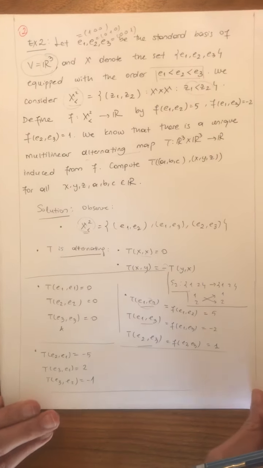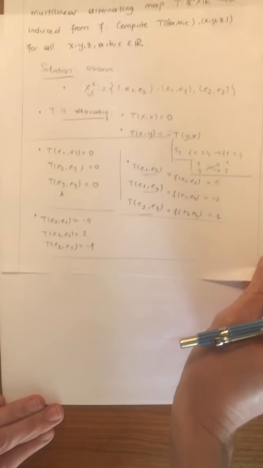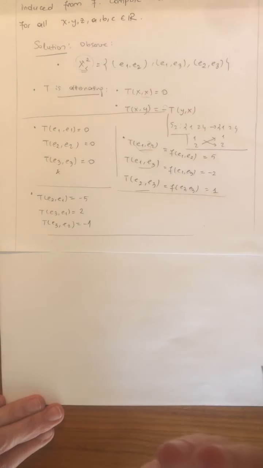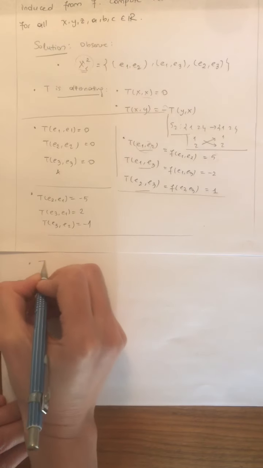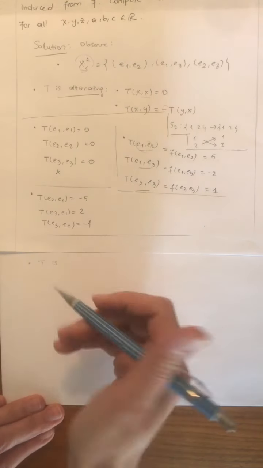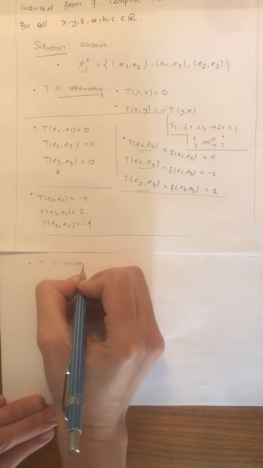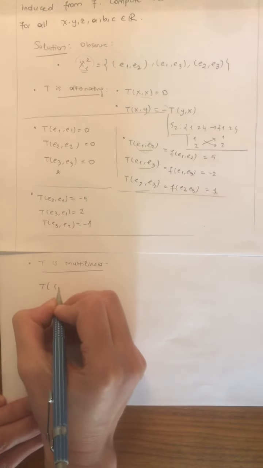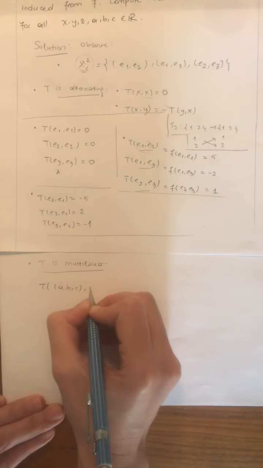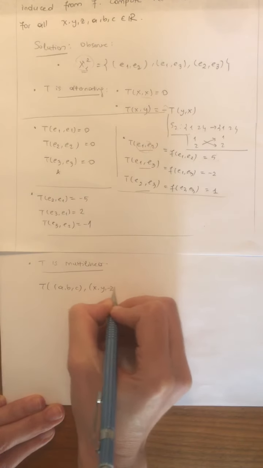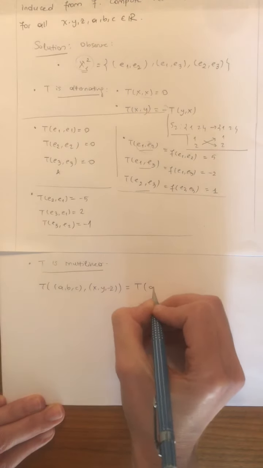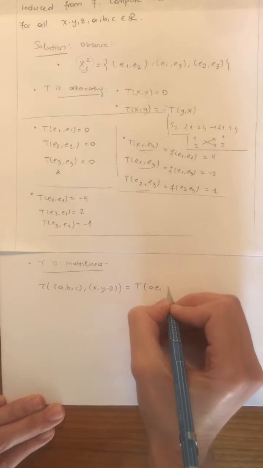And finally, we want to extend this map multilinearly, because T is multilinear. So for this, first we consider the expansions of these vectors with respect to the standard basis.